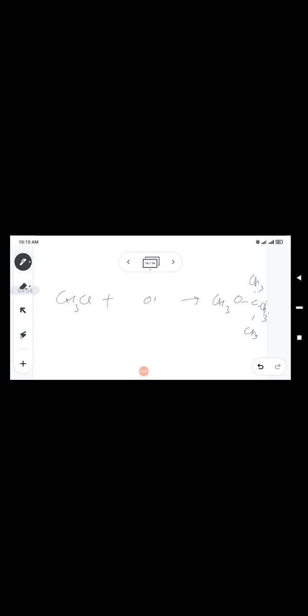Then you can treat this chloromethane with sodium tertiary butoxide ion, and NaCl will be released, and you will get your desired product, which is methoxy tertiary butane, or if you write the proper name, methoxy 2-methyl propane.